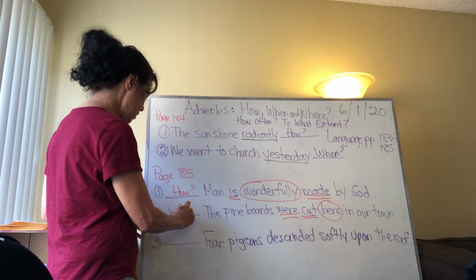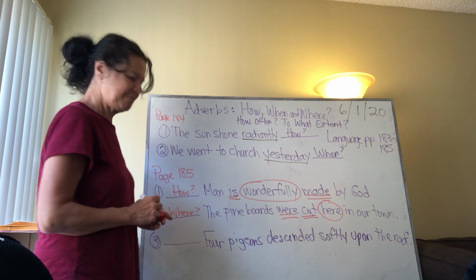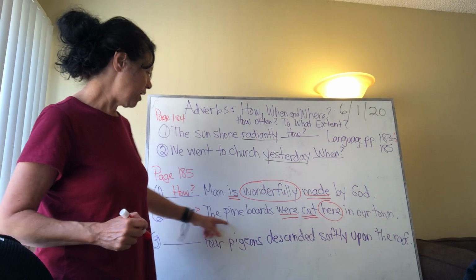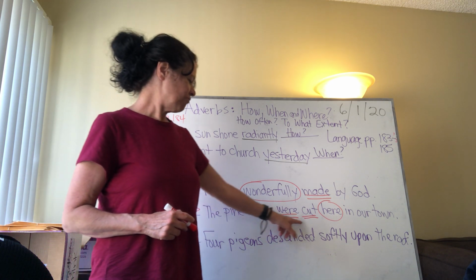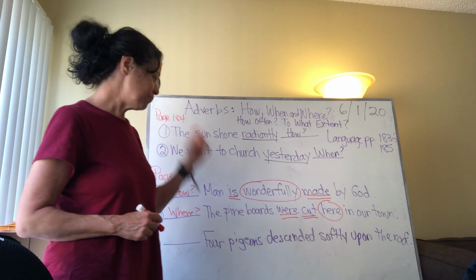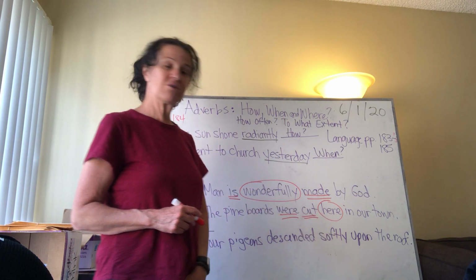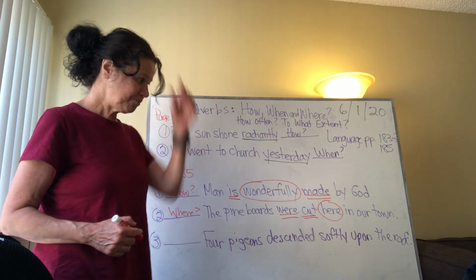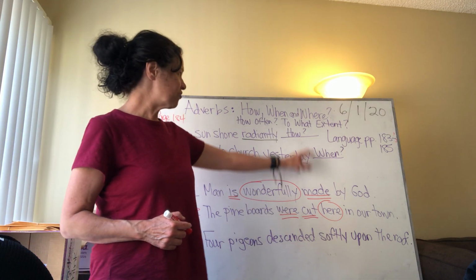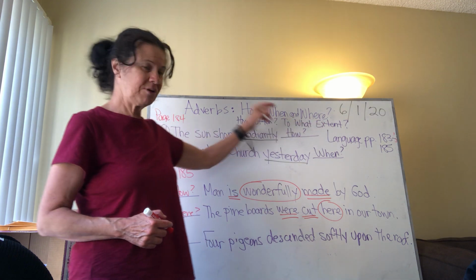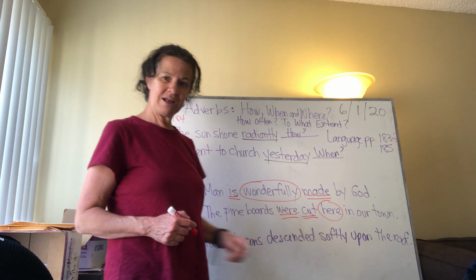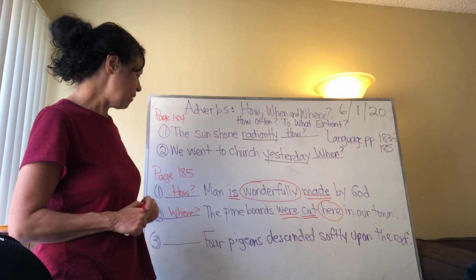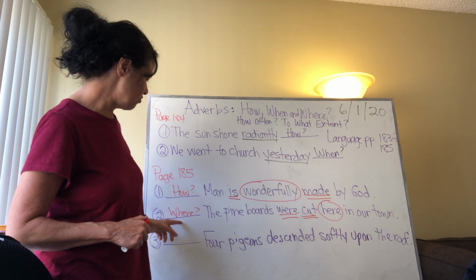So you'd write where in the blank. Again, the pine boards were cut here in our town. Find your verbs, were cut. Find the word that gives us details: which word answers one of these questions? We know that here answers where. It gives us details about those verbs, were cut.